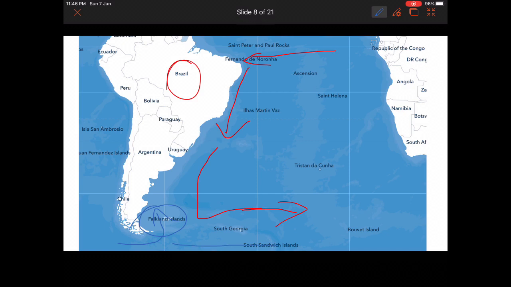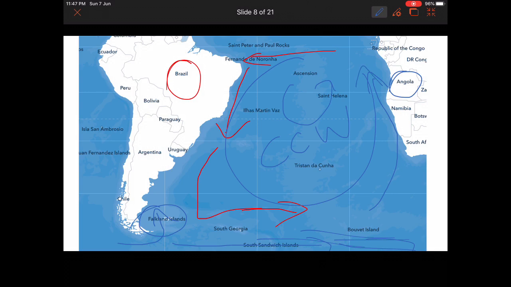And here you can see west wind drift going in this part. Okay, and it gets added with the South Atlantic drift, and you can see Benguela current coming upward. You are getting it. And here you can see Angola, and the circulation is counterclockwise. This is the logic, right? It comes here and it moves like this, so it is counterclockwise.